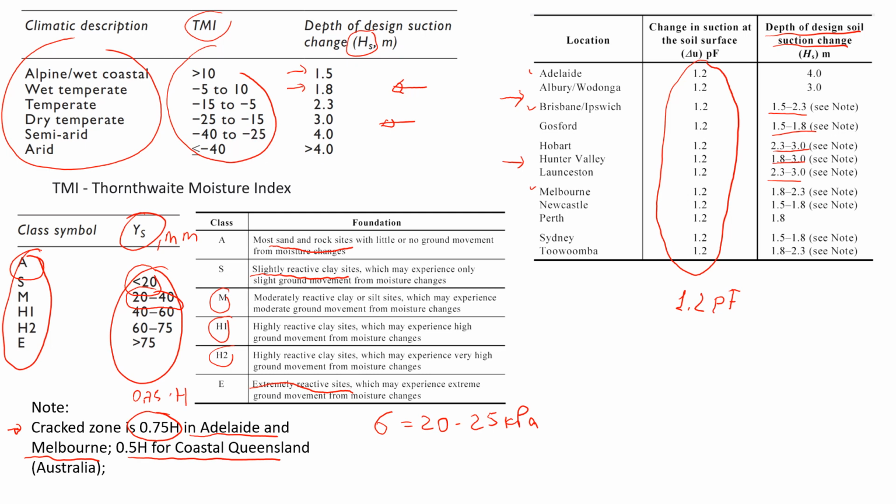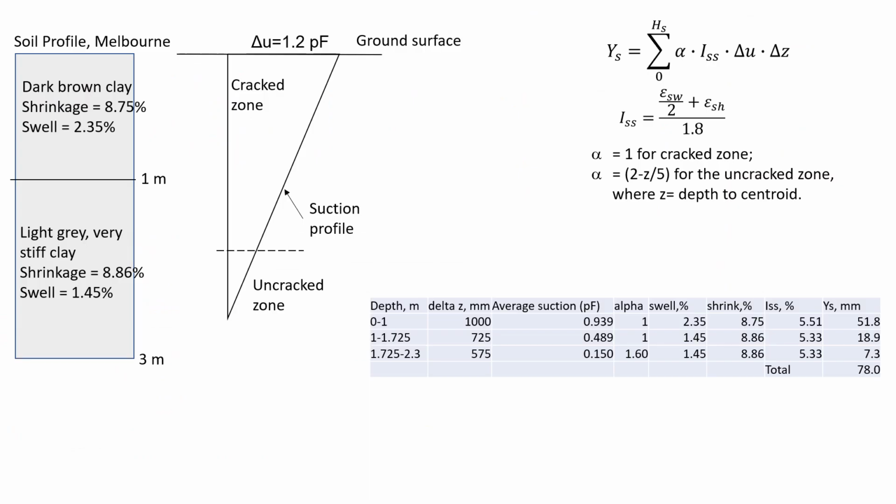Okay, now let's go to the example and let's do it together. So this is the soil profile that I showed you before in my first slide. What I only added is the soil profile from Melbourne. And these are the two types of clay, and we have all these values of shrinkage and swell.